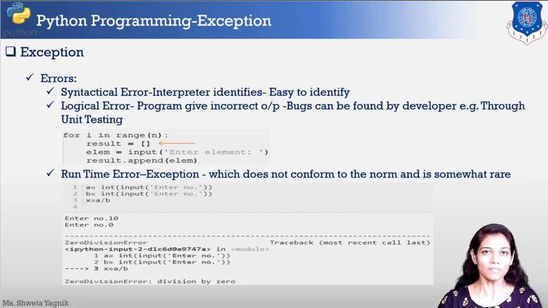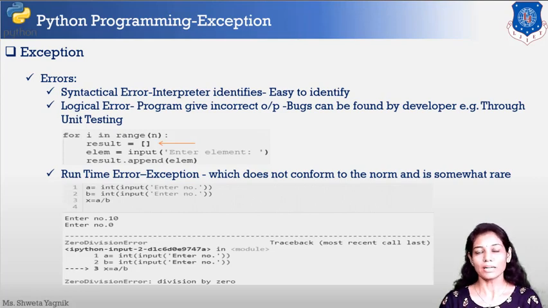But if by mistake the user enters 0 as the second number, that is B, the interpreter gives a divide by zero error, that is an exception. The zero division error identified by the interpreter is an exception, and our program crashes and stops execution, which is probably the last thing that we want from our program.